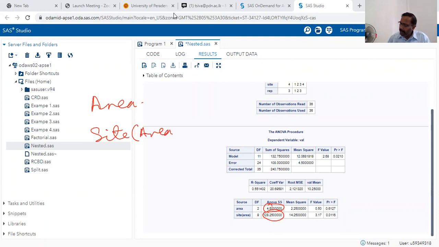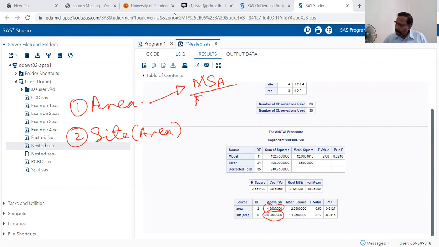Not only one, we'll have to test these two. For testing area, mean square of area divided by mean square of error. So that we have already tested, right? Computer has already given directly.